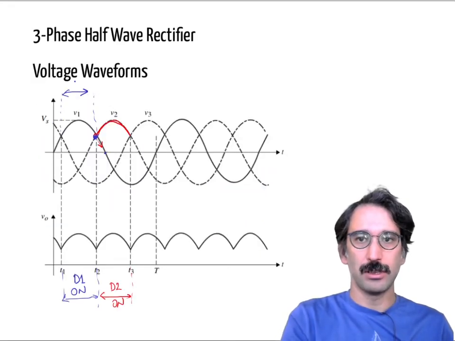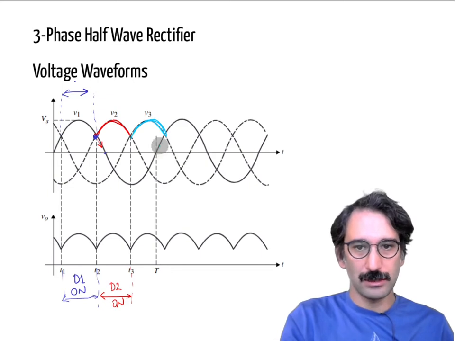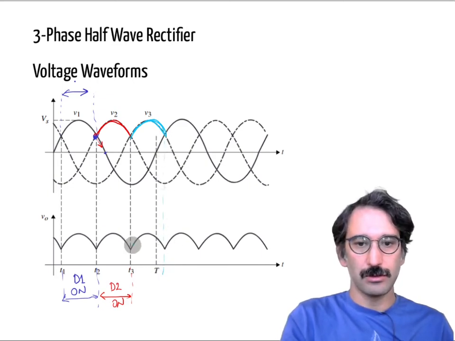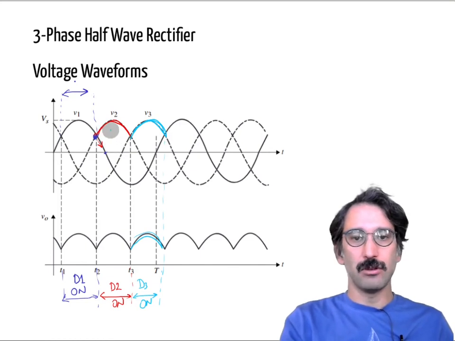Afterward the third phase is larger, which corresponds to here. I think that line is shifted, it should be somewhere here. So the third diode is on. So what is the conduction time for all of those?